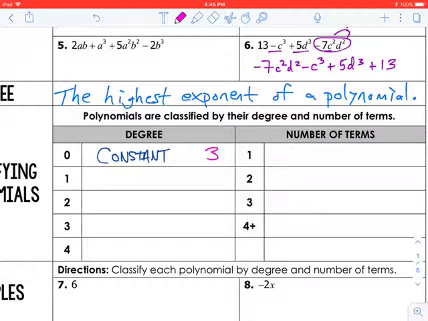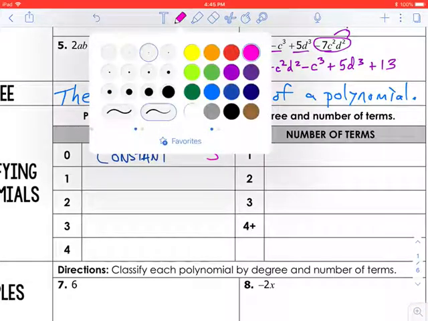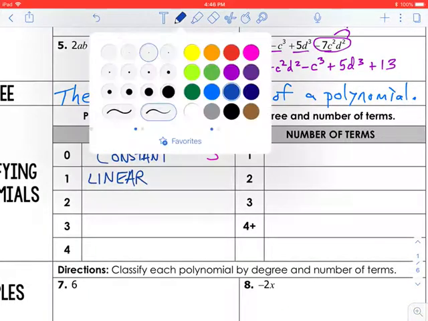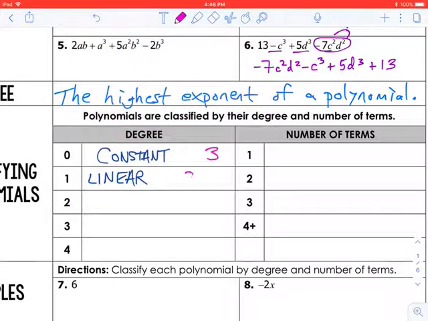A 1 degree polynomial would be linear. Okay, and an example of that would be something like 2x plus 1, because the highest exponent is 1.